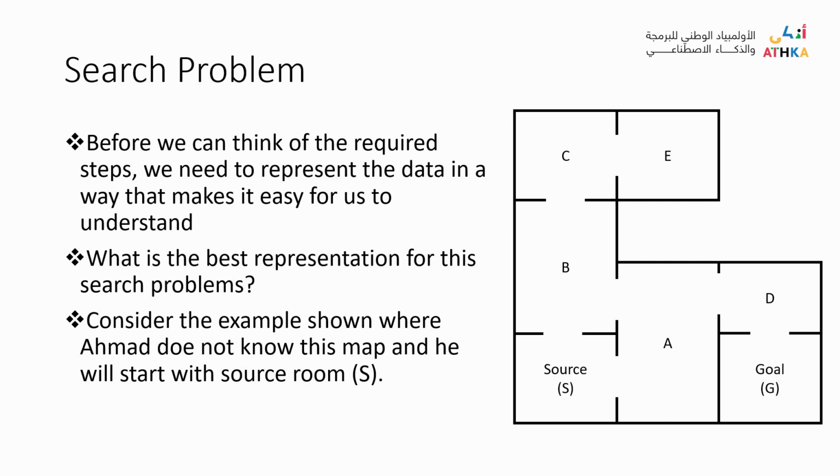These rooms can be abstracted to a graph. The best representation for this is something called a graph, and when Ahmed starts, each room that he visits he is going to denote as a node, which we will represent as a circle. We want to create this map but in a graph fashion.